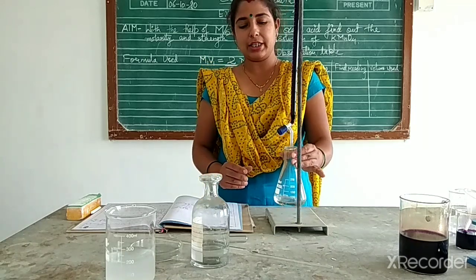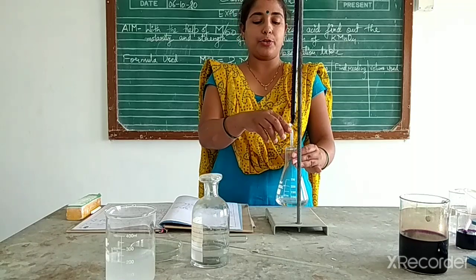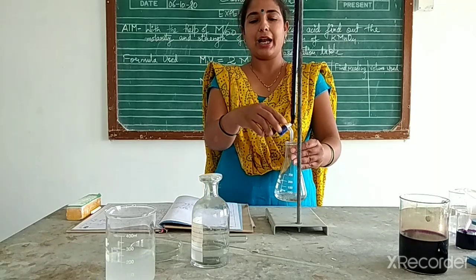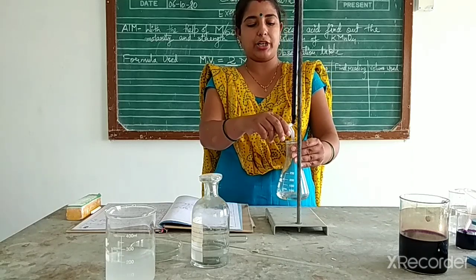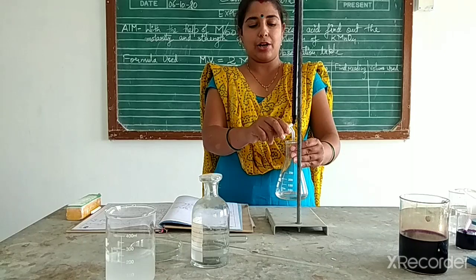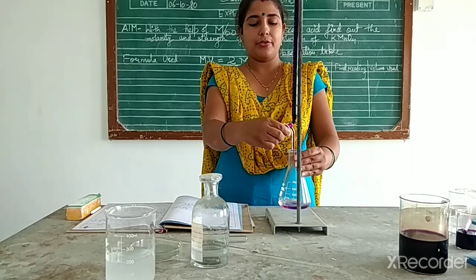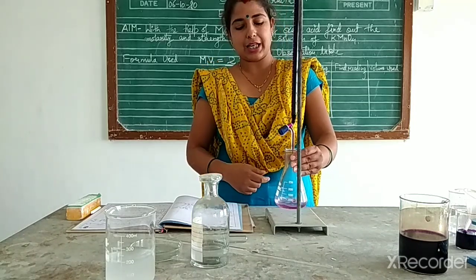I'll hold the container in my left hand, and with the right hand I'll be holding the knob of this burette, and I'll open the knob and let the liquid from the burette flow into the oxalic acid.